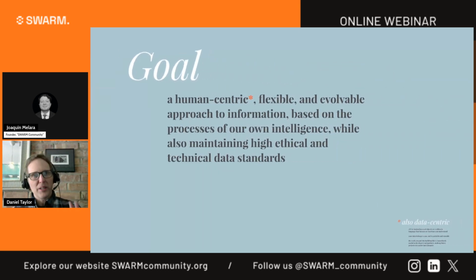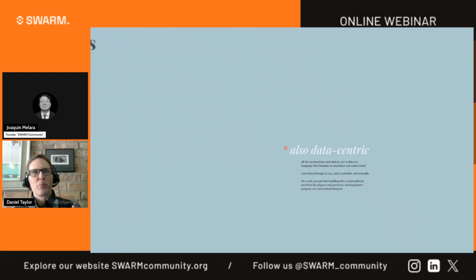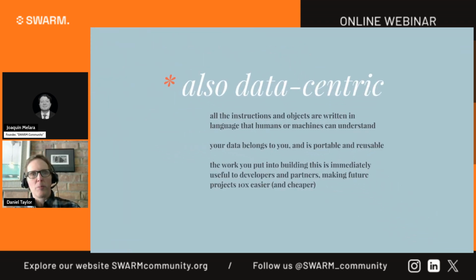The goal is a human-centric, flexible, and evolvable approach to information based on the processes of our own intelligence, but also maintaining high ethical and technical data standards. In addition to being human-centric, it embraces the data-centric paradigm, including important principles like the instructions and objects in this system are written in language that humans or machines can understand.